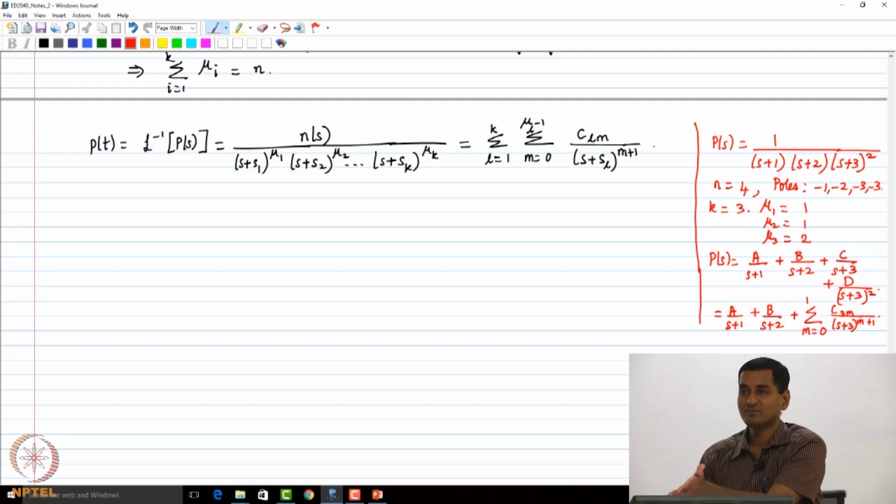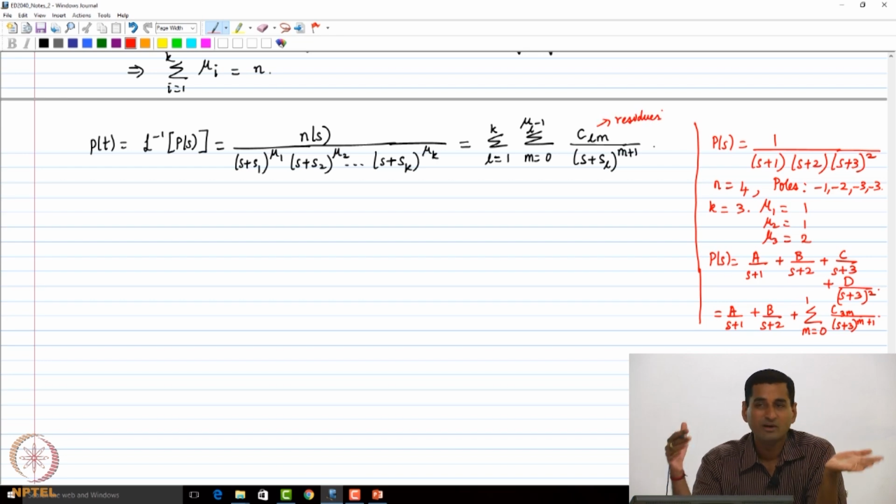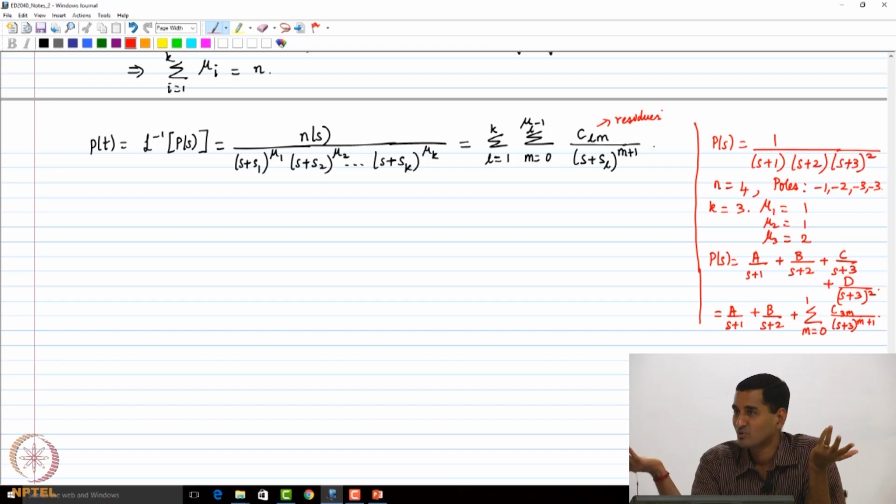If you expand, that's what you will get, two terms. So the C_LM are the residues. I am just putting 2 indices because I have 2 summations. What I called A, B, C, D, I am just calling C subscript LM. That's just the change in the notation, because I have 2 indices L and M. I hope it's clear how we got it.